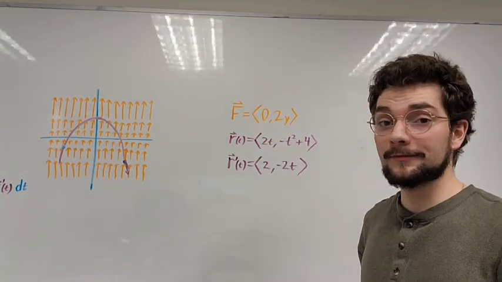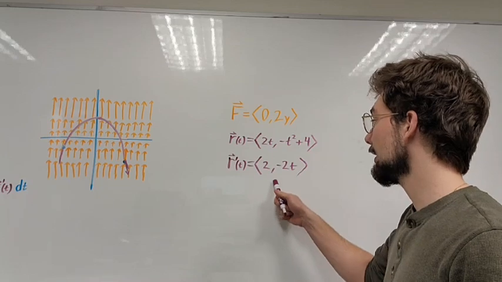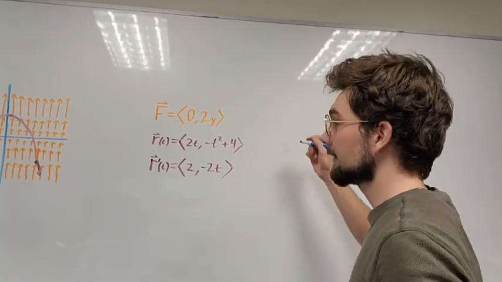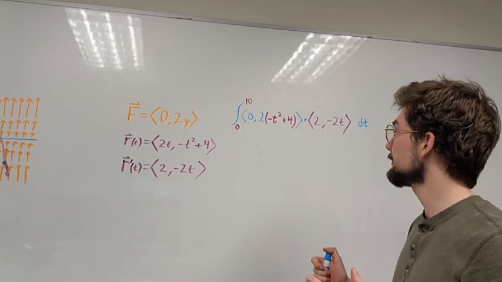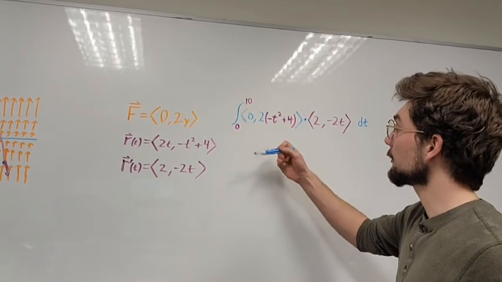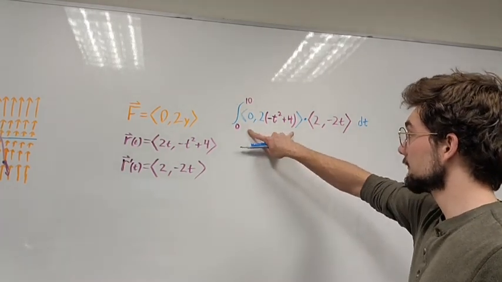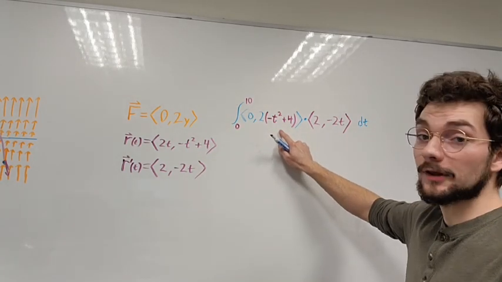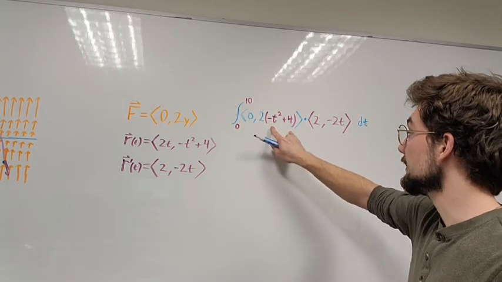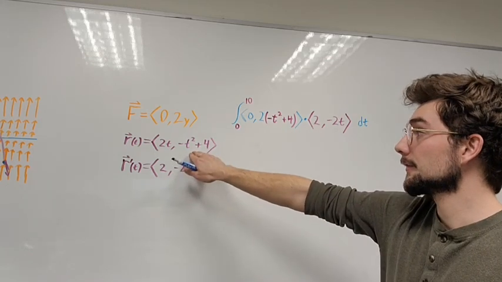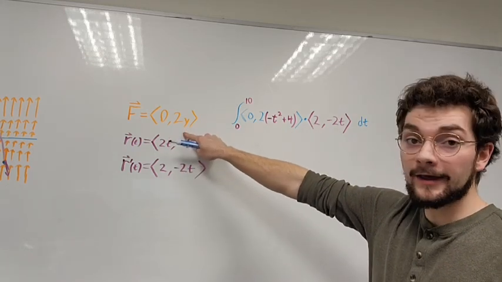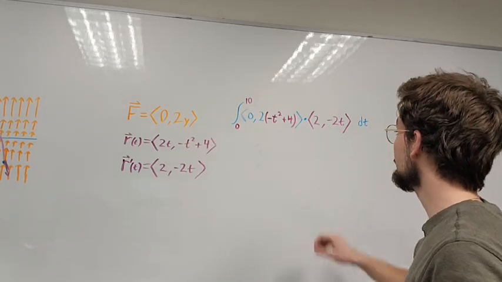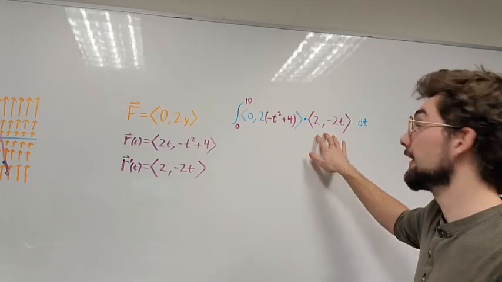All right, our r prime of t is 2 comma negative 2t. Let's plug it into our integral. So it should come out to be something sort of like this, where we have our vector field with r of t plugged in. This is the y component plugged into the y for our vector field. And then we have r prime of t.